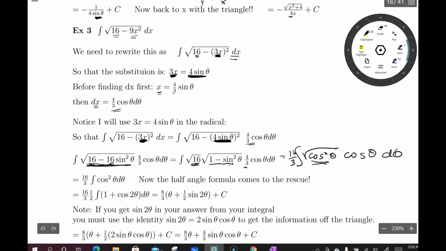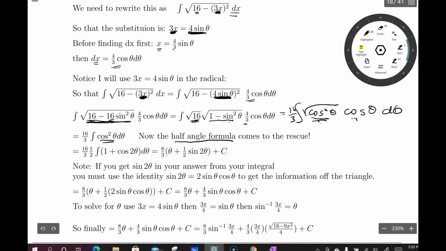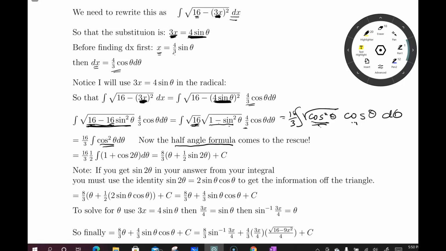So the square root of cosine squared gives me 1 cosine. There's another cosine, so there's my cosine squared. How do I do that? Oh yeah, the half angle formula. So this turns into 1/2 times 1 plus cosine of 2 theta.